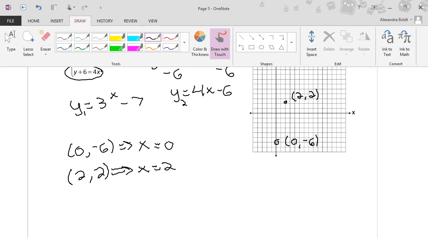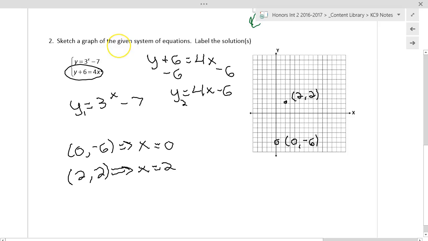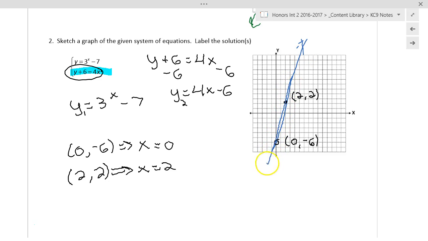Then again, I think it is easier to draw the straight line in first. So just stick y plus 6 equals 4x, or y equals 4x minus 6. All I'm going to do is connect those two points in what attempts to be a straight line. Then I'm going to graph my y equals 3 to the x minus 7.